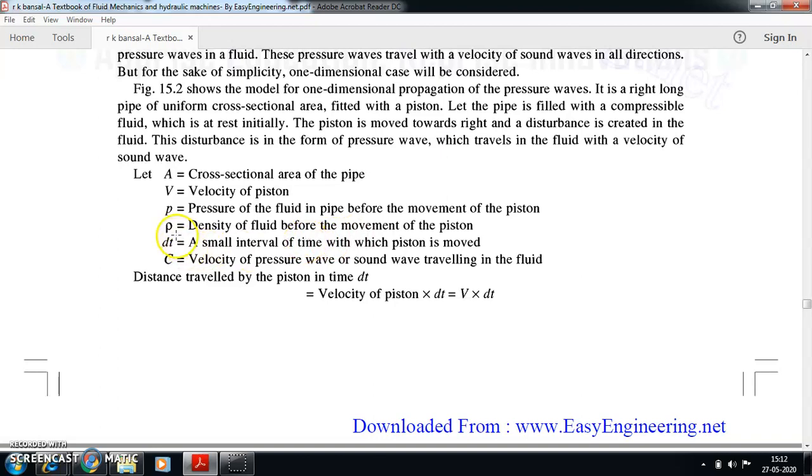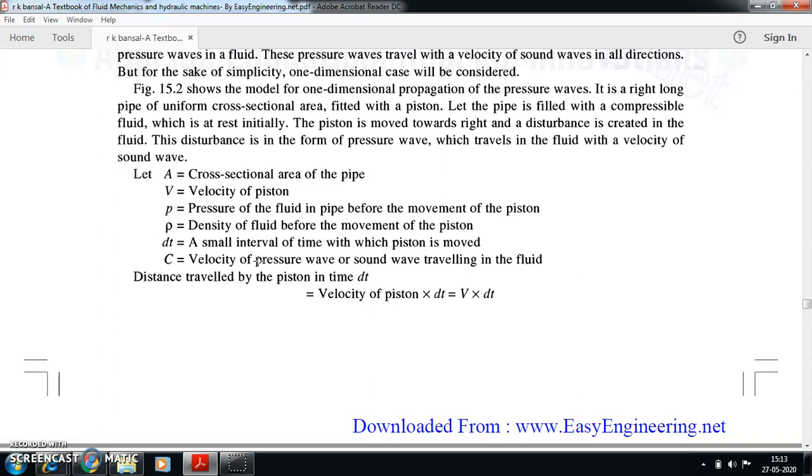So there will be a change in rho and P. dt is the very small interval in which the piston is moved. So I am moving it for 1 second or 2 seconds. That small interval we call dt. And capital C is the velocity of the sound wave or the pressure wave which we have created.